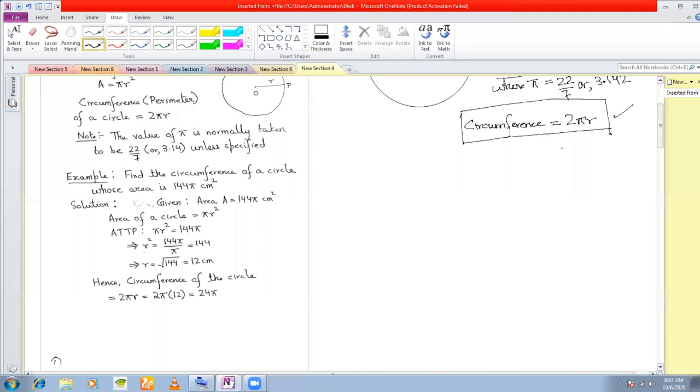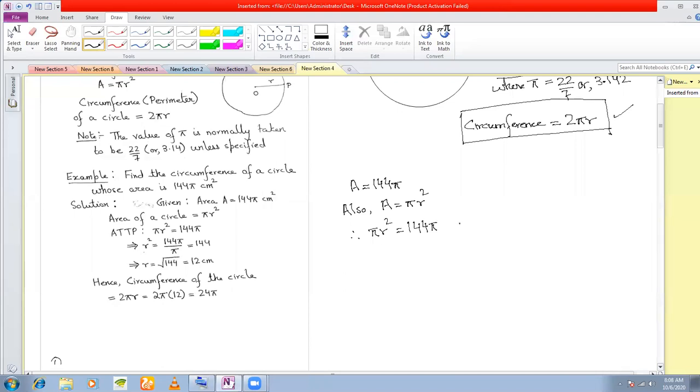Here the question is, find the circumference of a circle whose area is 144 pi centimeter square. So clearly area is given to be 144 pi. Also we know that area A of a circle is pi r square. So therefore pi r square must be equal to 144 pi.